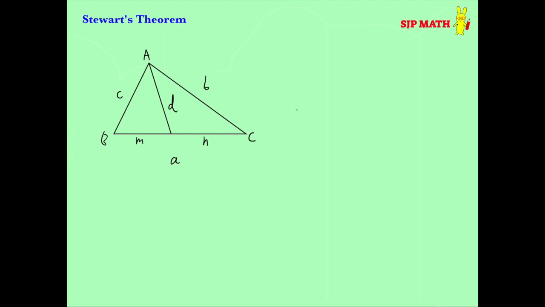Then Stewart's theorem says, if the triangle has a cevian of length d and it divides the side a into m and n, then, I'll put this in green, Stewart's theorem states that c squared n plus b squared m is equal to d squared plus mn times m plus n.